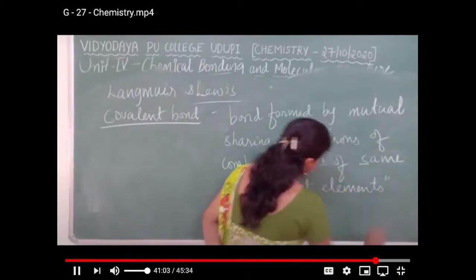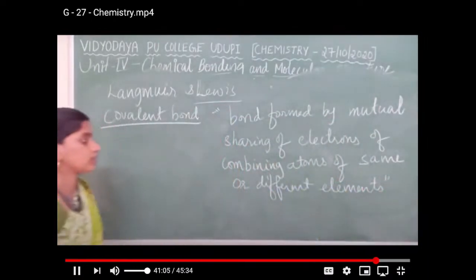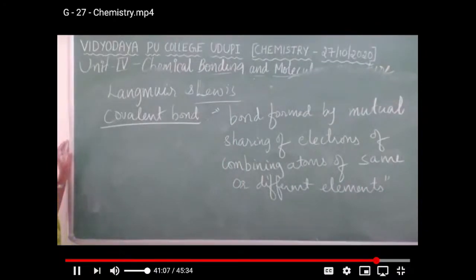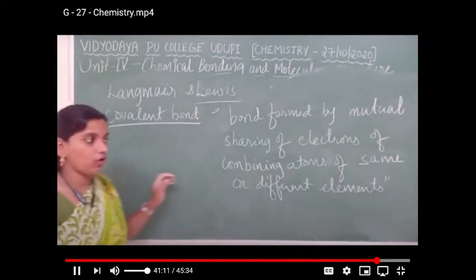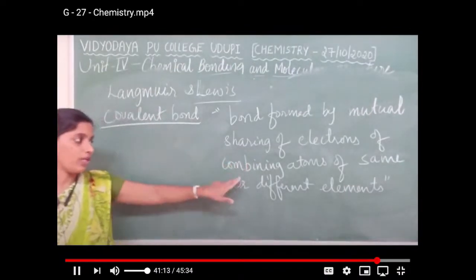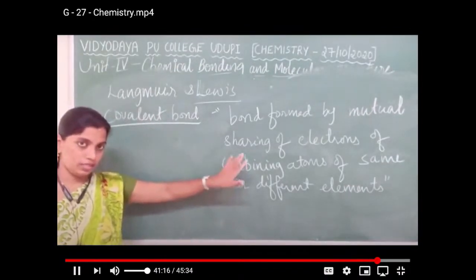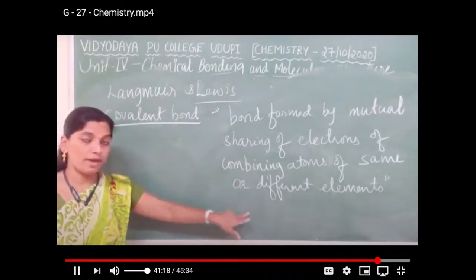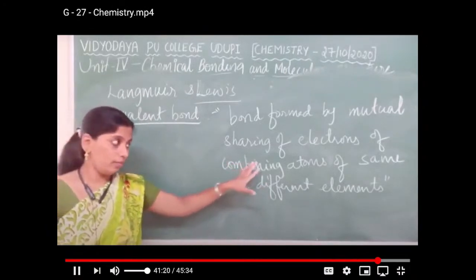Okay. Covalent bond is the bond formed by the mutual sharing of electrons of the combining atoms. These atoms can be of same element or different element.